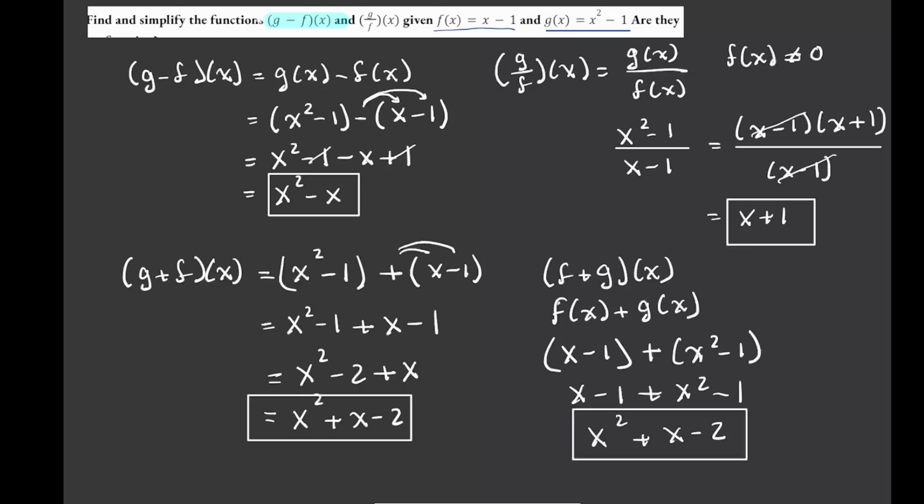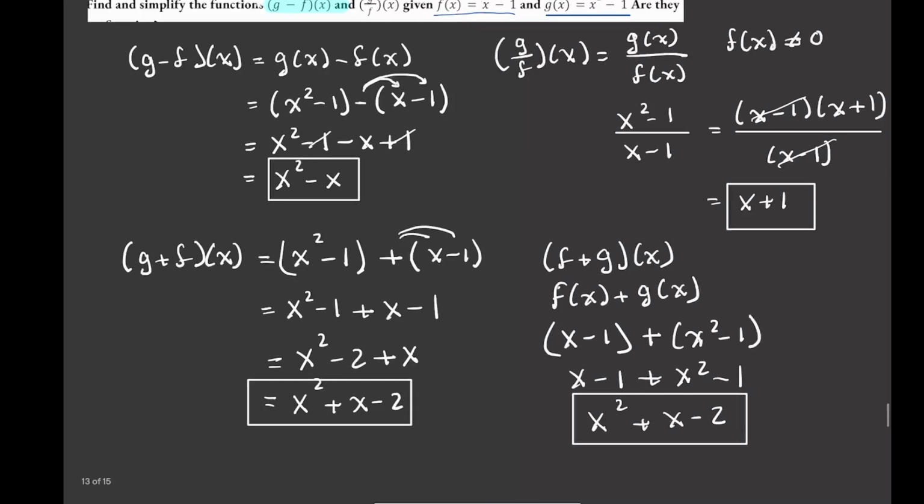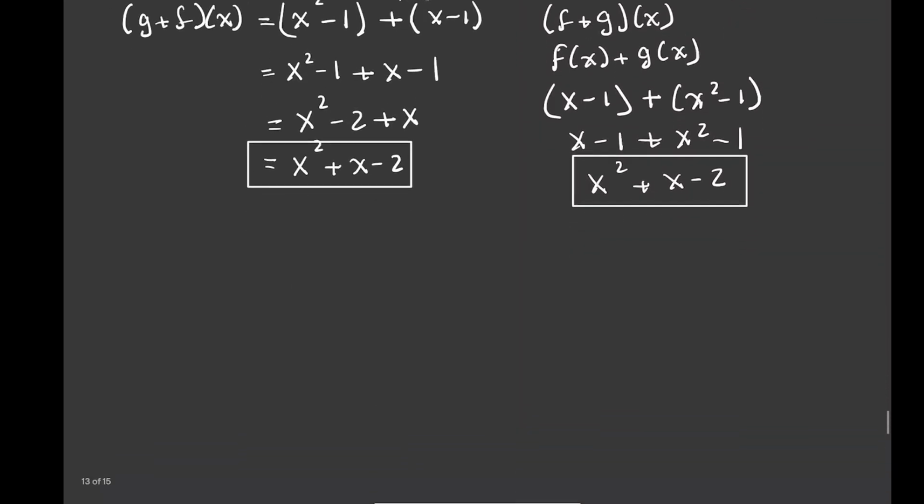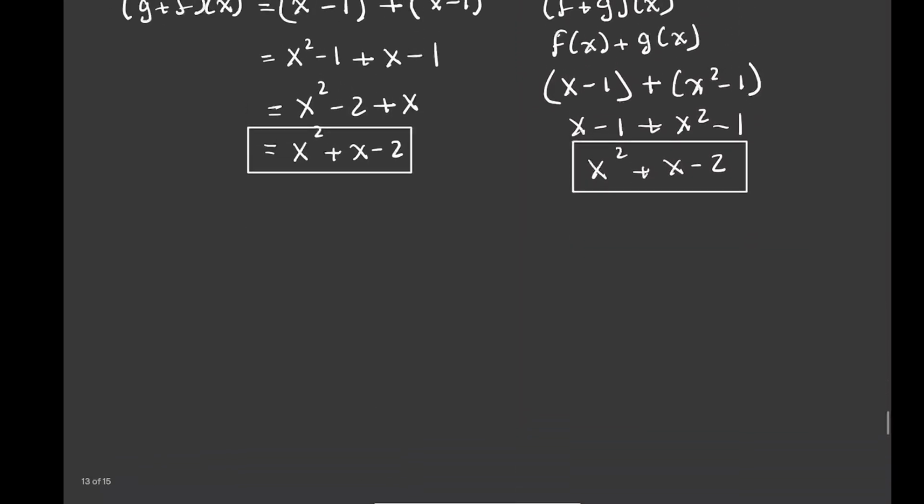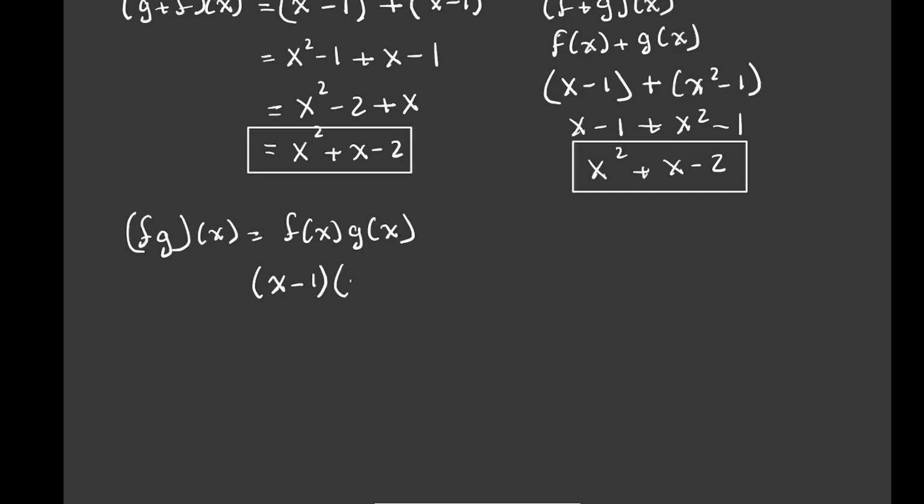The next thing I'm going to do is multiply these functions together. I want to find f times g of x, which is the same as f of x times g of x. My f of x is x minus 1, and my g of x is x squared minus 1.